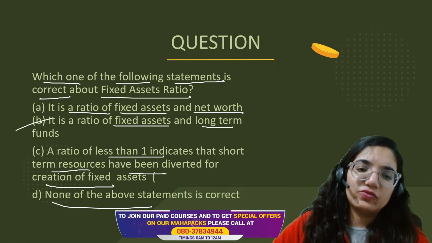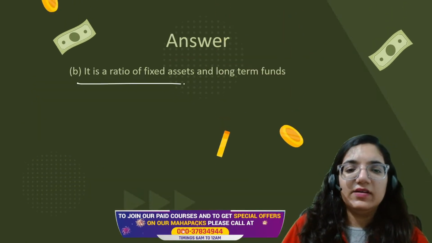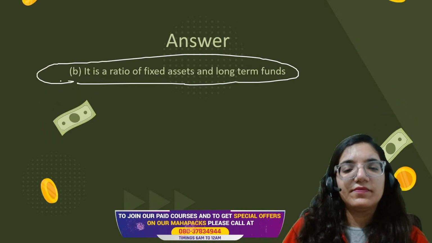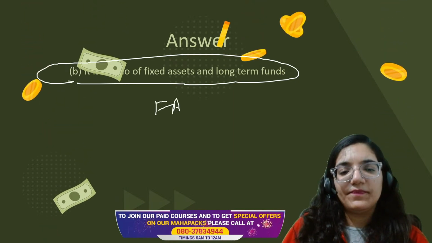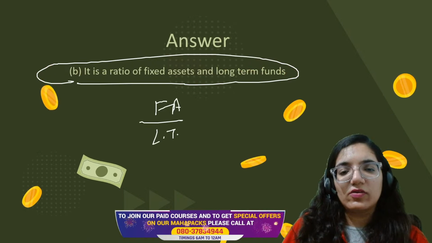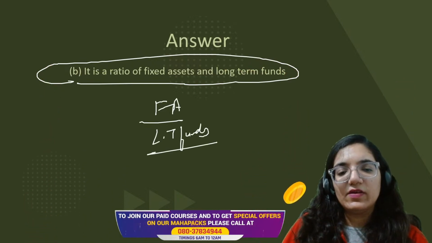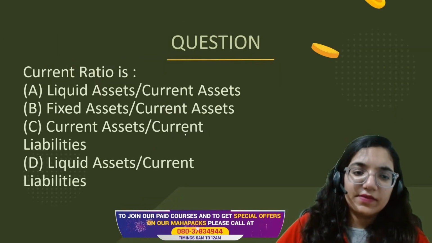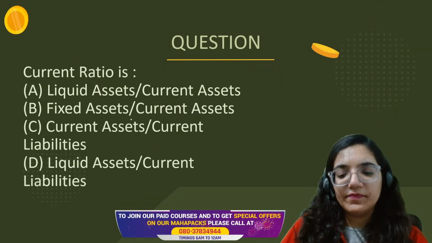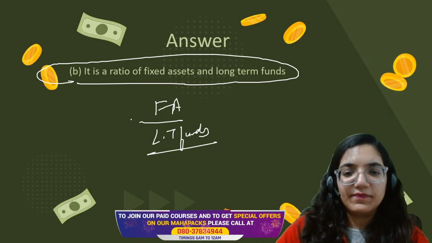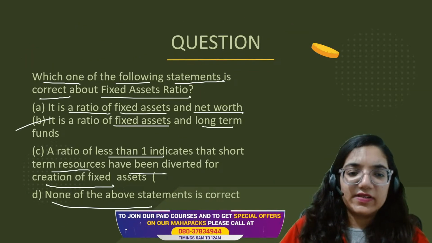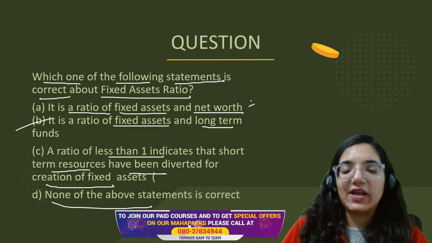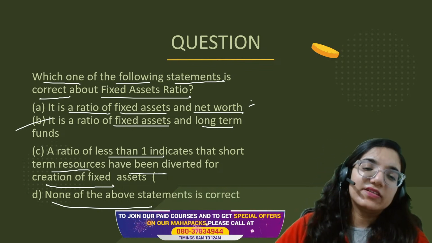Fixed asset ratio, okay? This is FA upon long-term funds, or I can say the total capital employed. Next point. No, this is only for long-term funds. Net worth is basically your equity share capital plus preference share capital plus reserves.